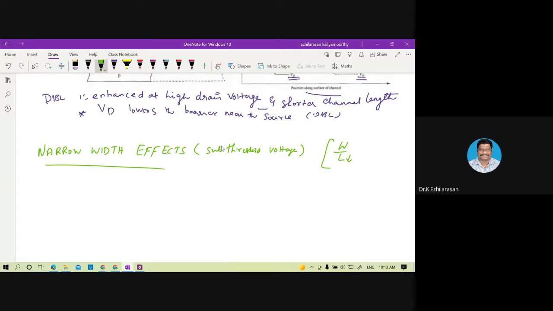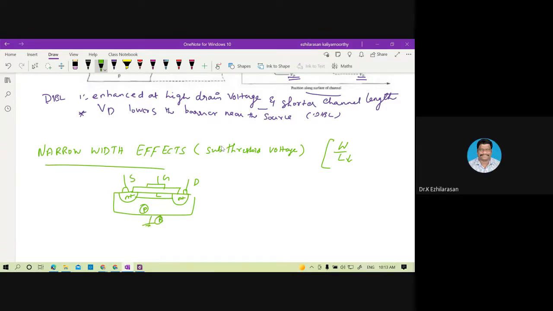Now whatever the diagram we drew, so for that, I can say a simple diagram. This will be your general diagram. This is the L, this is G, drain, bulk.